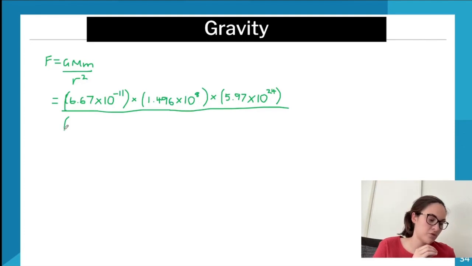And we also need to convert this into meters as well, all of this. So first we're going to put it in one big bracket, like that. And then we're going to do another little bracket.